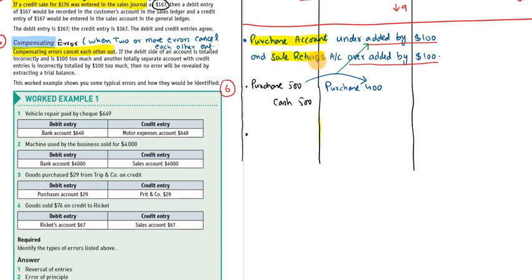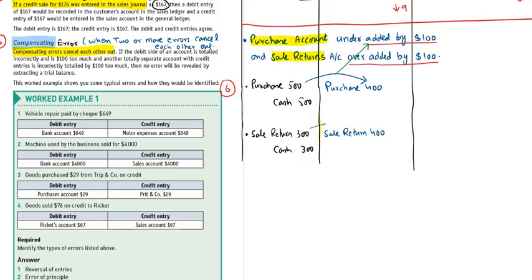The second transaction is related to sale return. As we know that the nature of sale return is debit, so the original entry maybe was sale return debit by 300, and cash credit by again 300, but wrongly we over added by 100. It means in sale return we recorded sale return more by 100. It means we wrongly recorded sale return from 300 to 400.